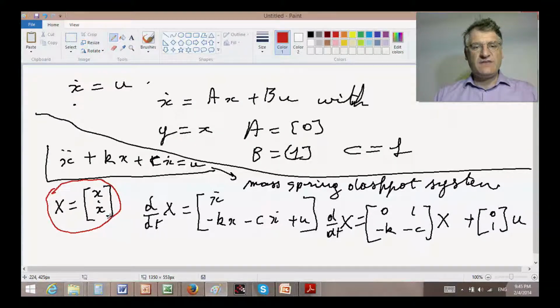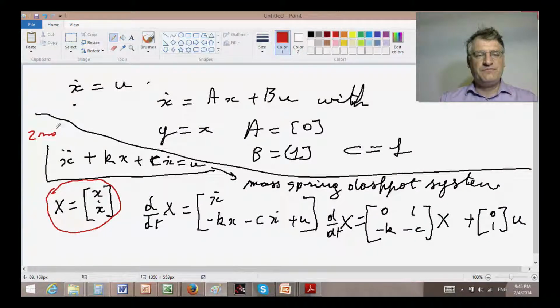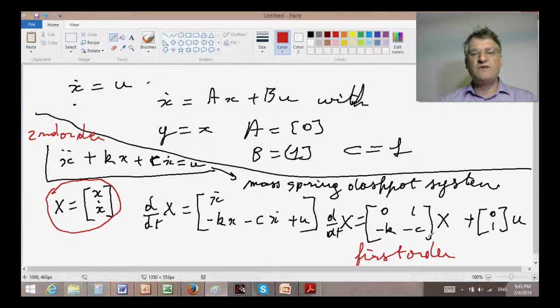It is a rule that when you see many different derivatives of the same quantity in a differential equation, then it is important to add more than just the variable of interest in order to transform this second order differential equation into a first order differential equation.